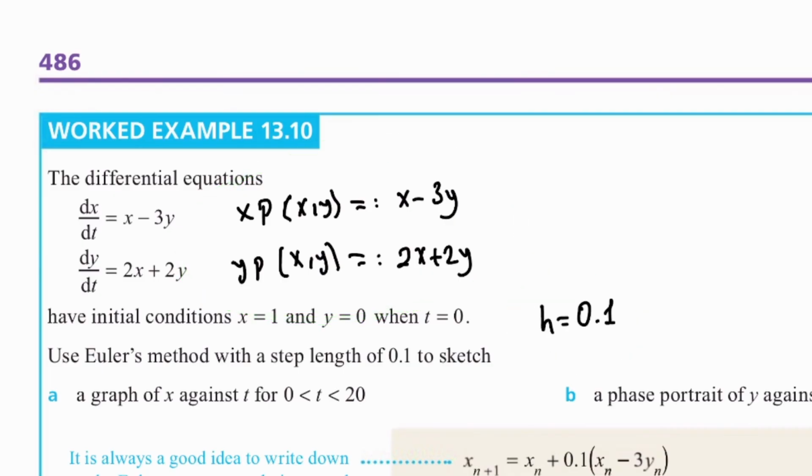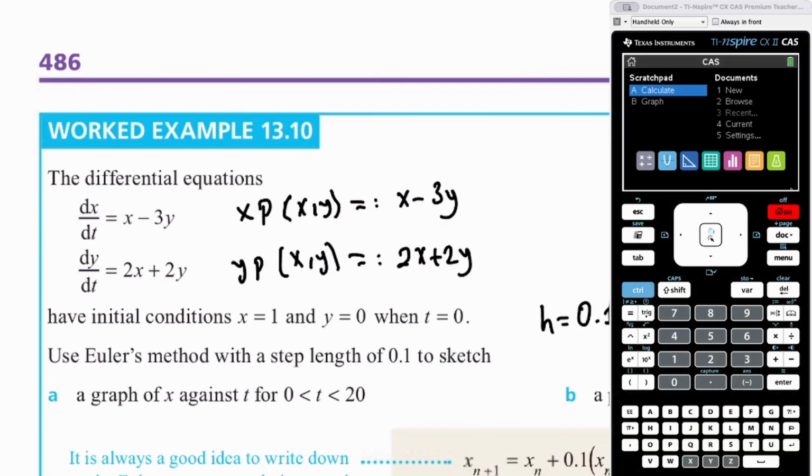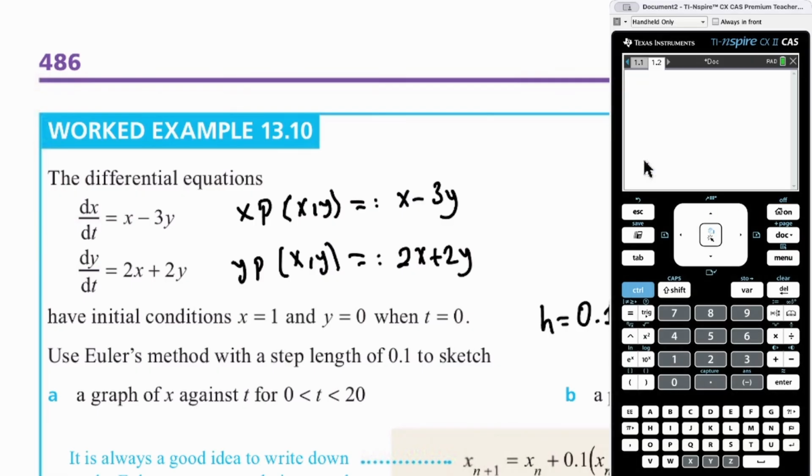Okay, how are we gonna do that? First of all, you should go to calculate, right? Then xp, which consists of x and y, so you should write x comma y. Then control and this button here, and it will be x minus 3y. So let's write x minus 3y and enter.